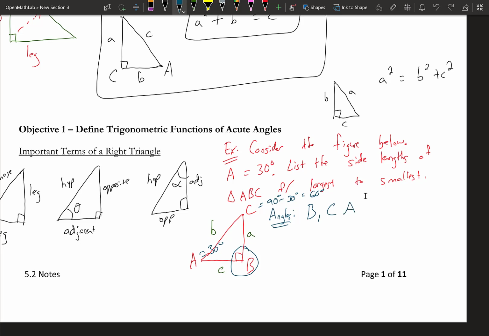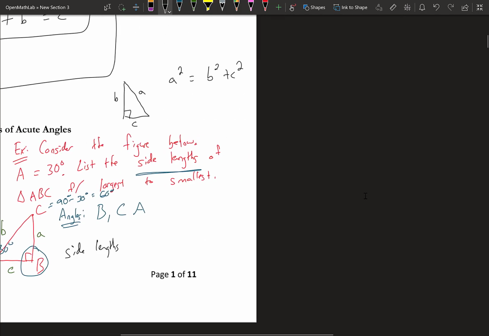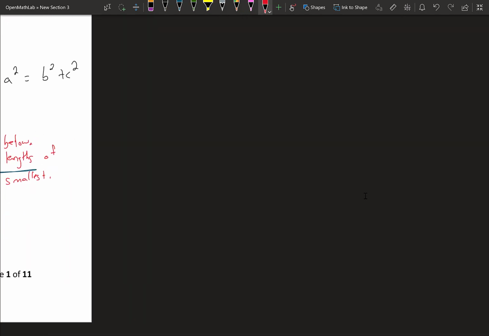We were asked to list the side lengths, but what I did is list the angles first. The size of the side length is going to depend on the angle that's opposite from it. Let me draw this, maybe to convince you. If I draw an angle here, then the distance between these two points is going to depend on the angle in between.